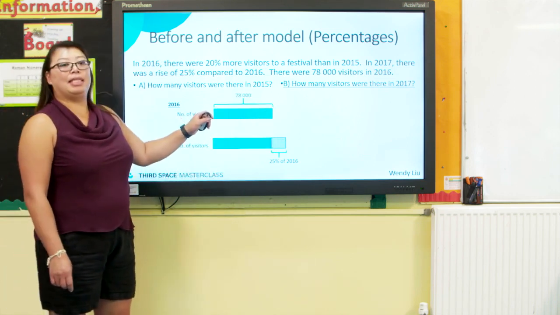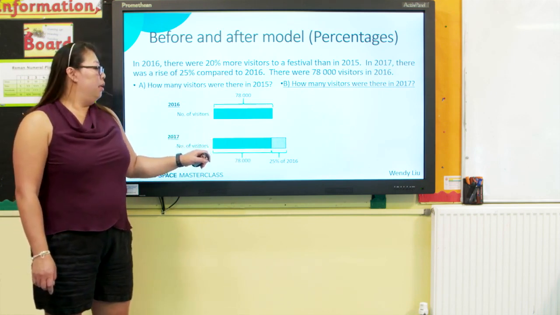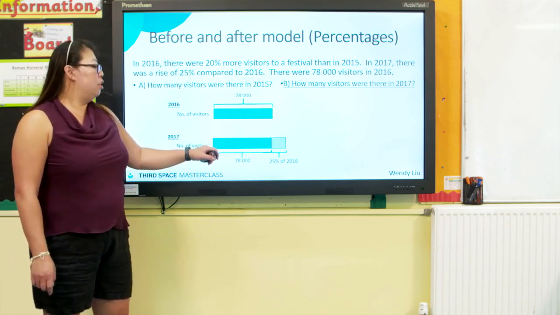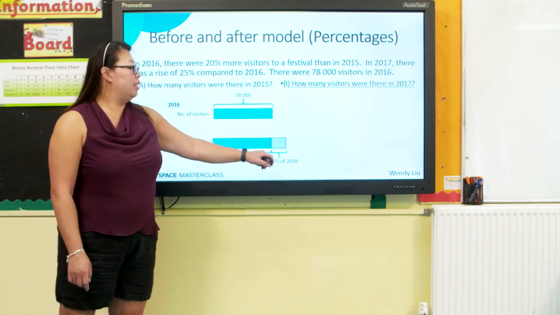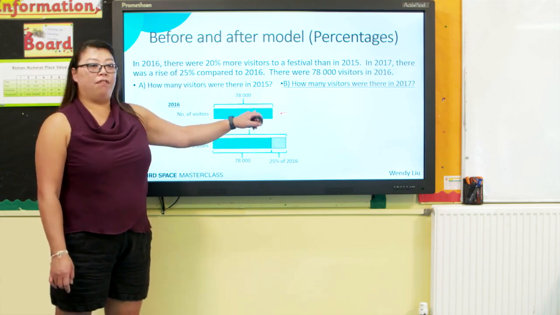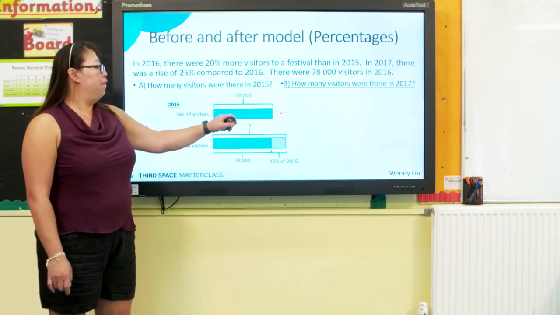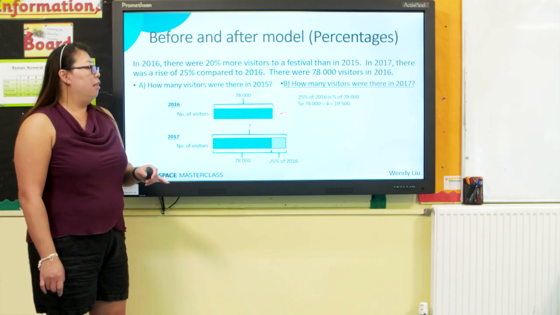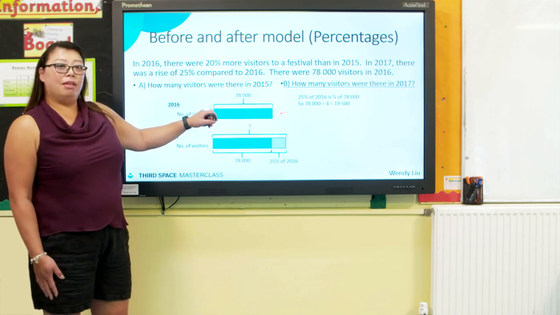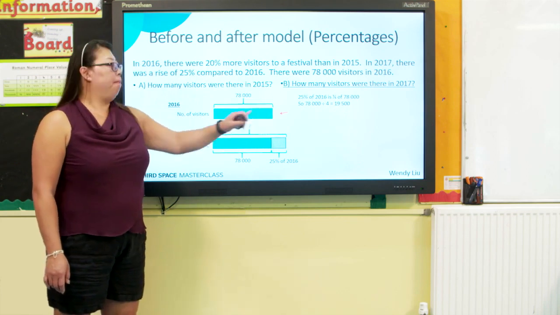We know that 2016 was 78,000 visitors, so we know that this 2017 is the same as 78,000 visitors plus the additional 25%. So how do we work out the 25%? Well, if 78,000 is equal to 4 equal parts here, then 1 equal part would be 19,500. So 19,500 people are in each equal part.